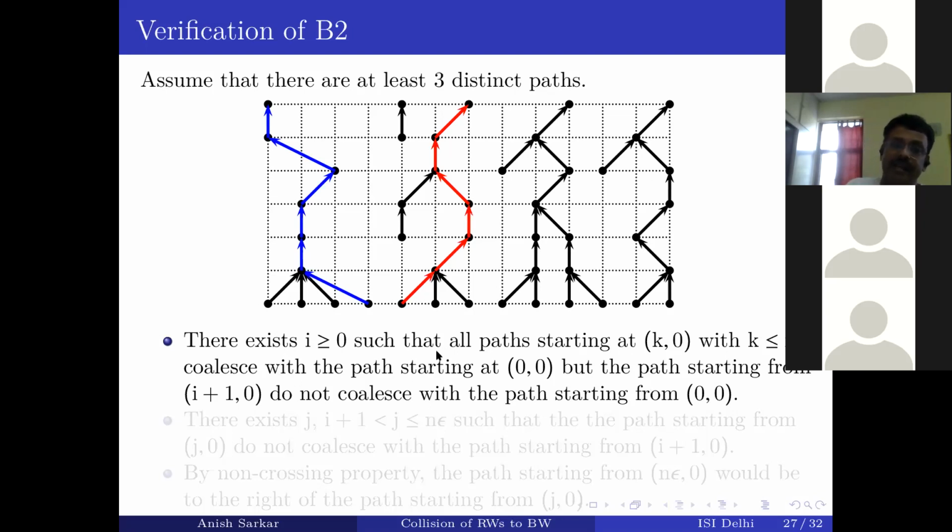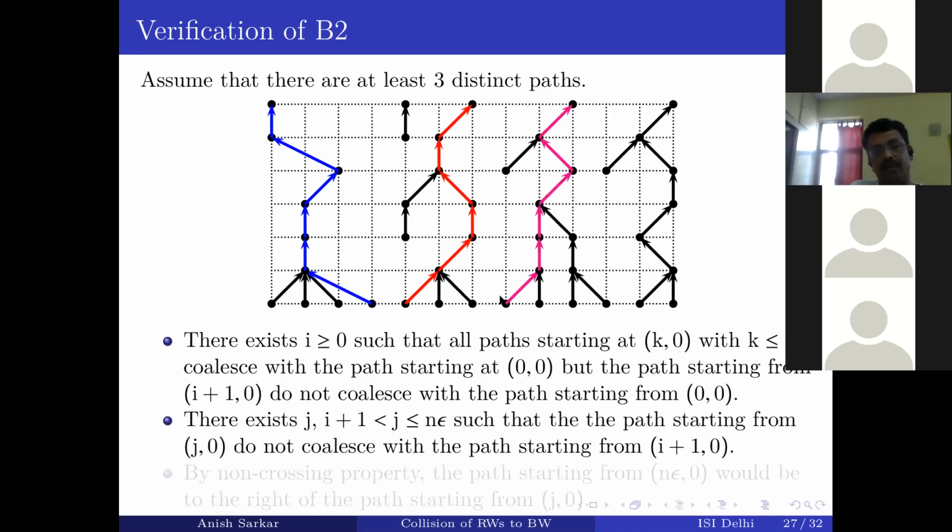And there has to be three paths, so there is another path to the right of the red path, a magenta path, that would not coalesce. And if the magenta path is there, the non-crossing property would say that the point at n epsilon should be to the right of this path.